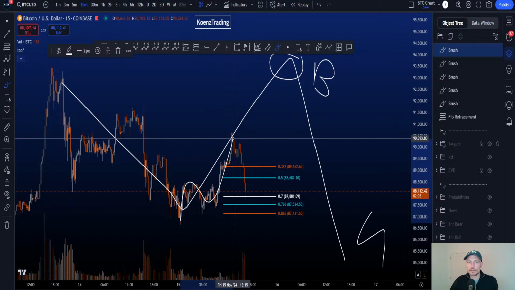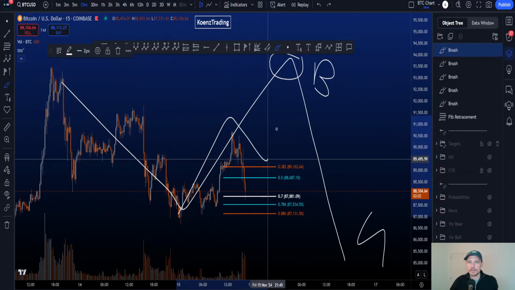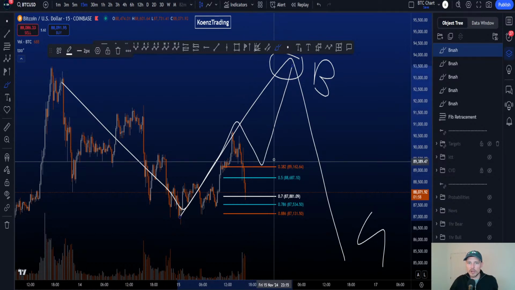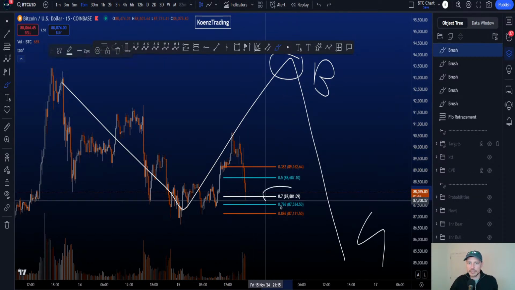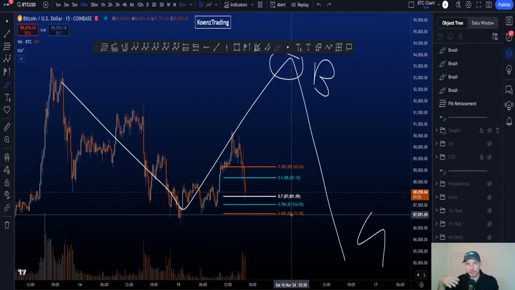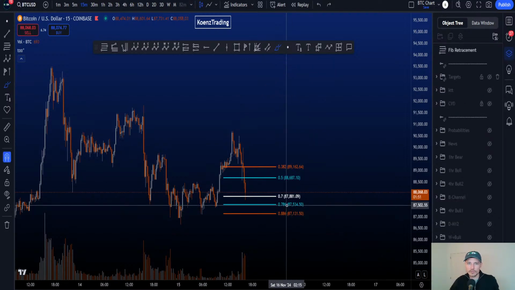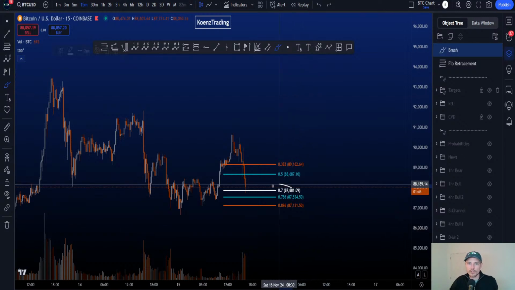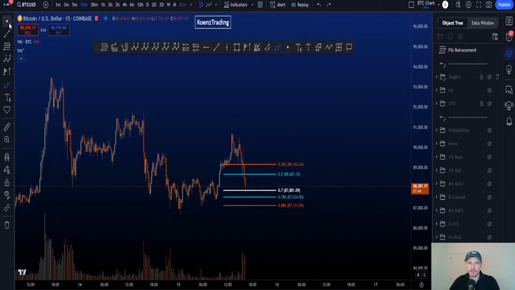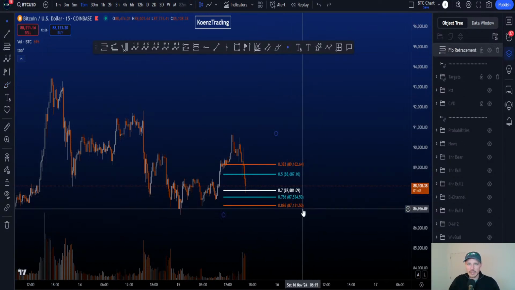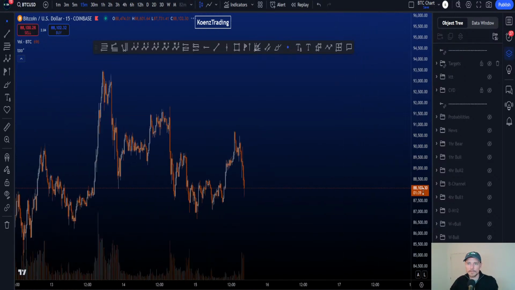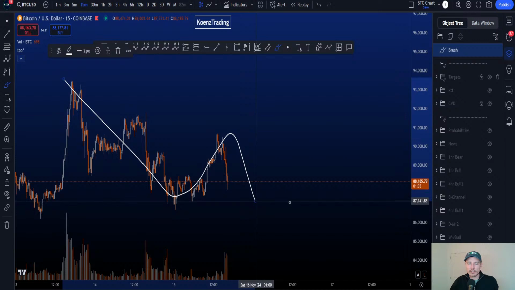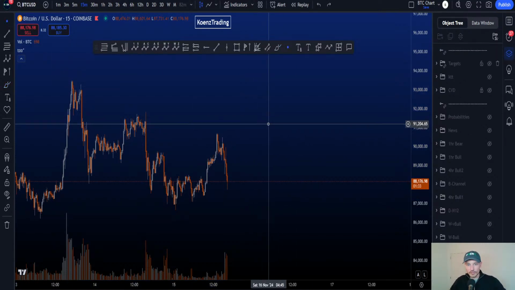Which is a 5, 3, 5, but then of course a bigger 5, 3, 5, ABC, or a double zigzag W, X, Y. But if wave X in a double zigzag hits the 0.7, it significantly reduces probabilities for a double zigzag. So therefore, a bigger flat just reduced in probabilities simply because we hit the 0.7 here at 87.8K, which therefore means that your WXY becomes more attractive.